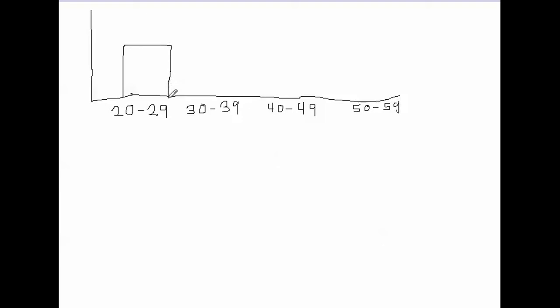What I mean is, if we made a bar for each of the ages, then the bars would probably be about the same height, meaning the graph would probably be pretty flattened out. I'm not exactly sure what the bars would look like, but I'll just make out some bars.